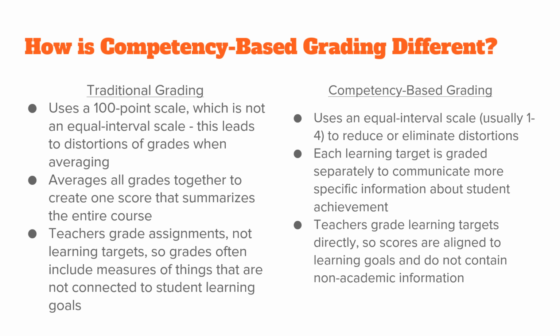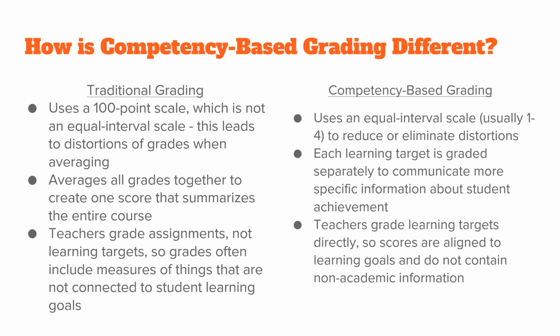A good example of this is, for instance, when I was a middle school student, I might get 10 points on an assignment if I covered my textbook. Now, sure, I need to cover my textbook if my teacher asked me to do that. I know it's a little bit of an antiquated example, but that grade really has nothing to do with my knowledge of the subject, so it distorts the overall effect of the grading process.